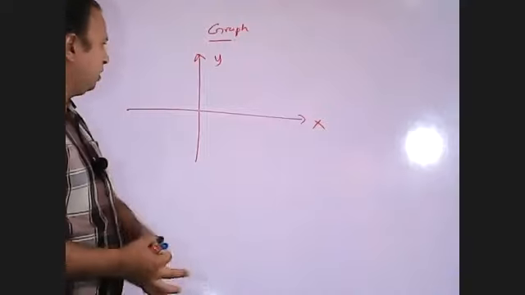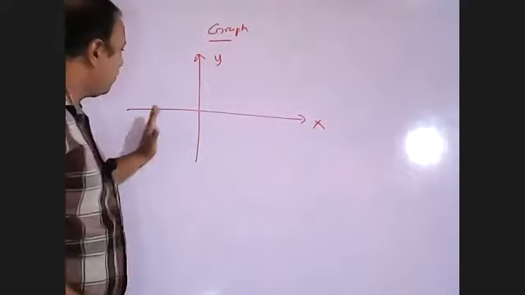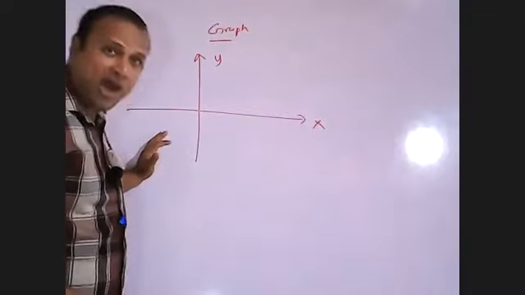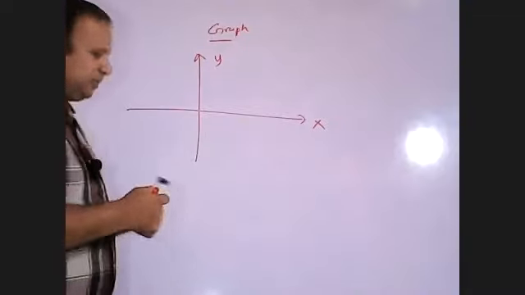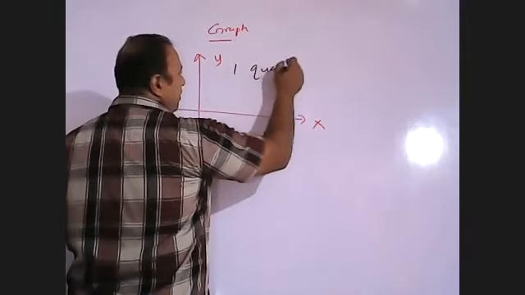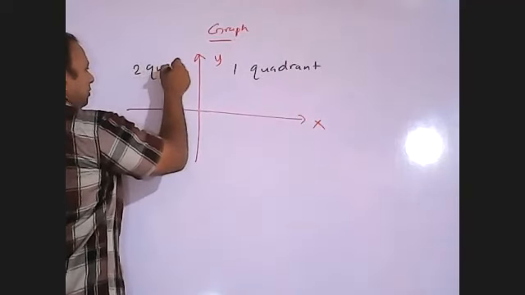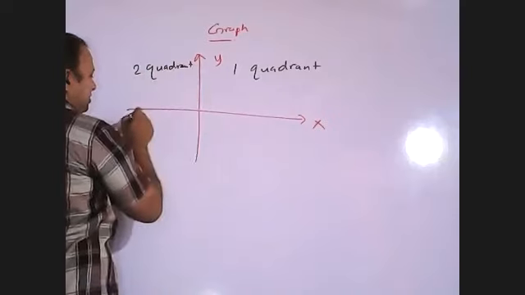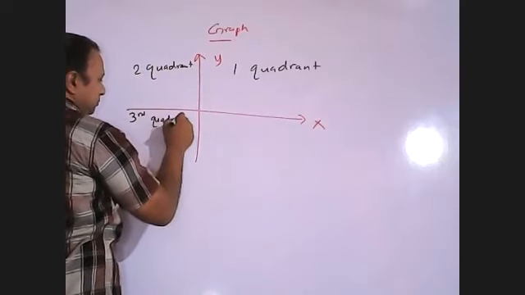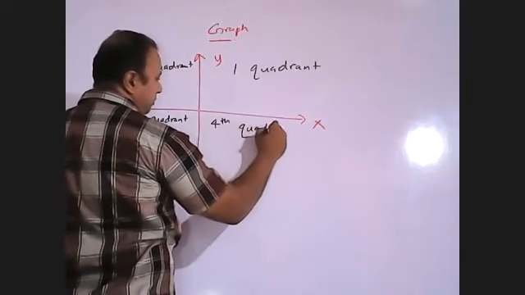On a Cartesian plane, there are 4 quadrants. This is the first quadrant. This is the second quadrant. This is the third quadrant. This is the fourth quadrant.